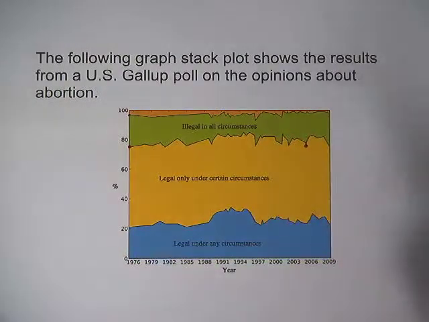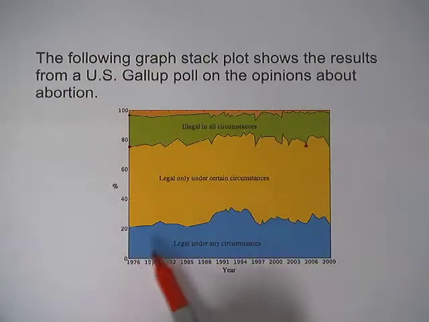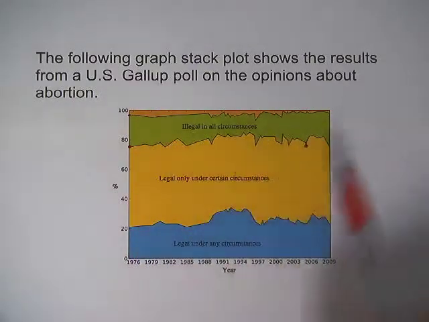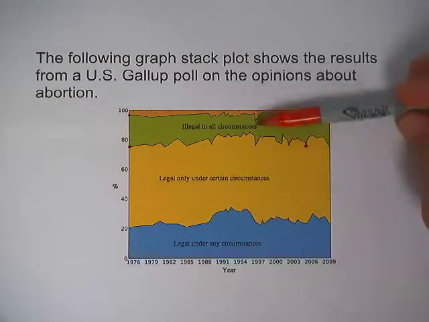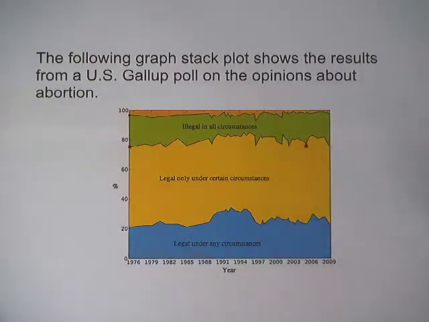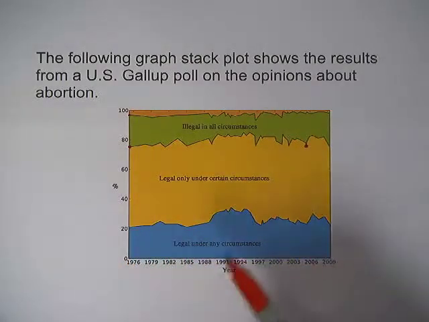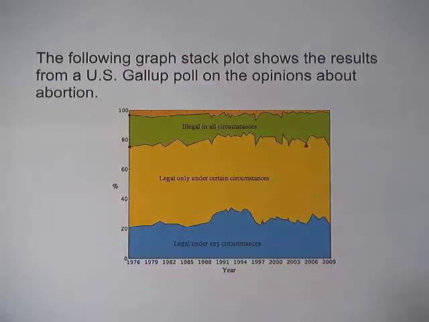The nice thing about a stack plot is you can see how multiple values change, so how all 4 categories are changing over time. You can see how they change just within that category, and then you can also compare them with other categories.